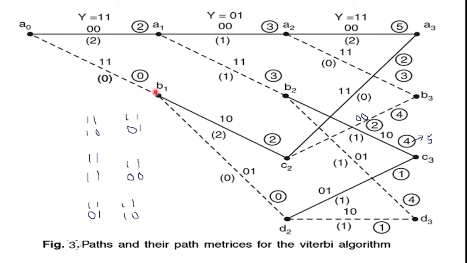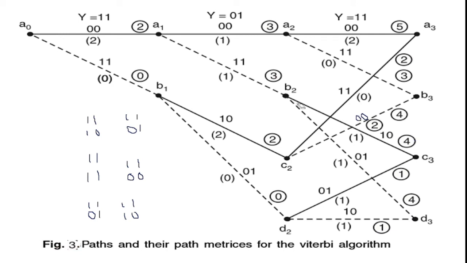And in this path, the running path metric is 0 plus 2 plus 0 equal to 2. In this path, the running path metric is 0 plus 2 plus 1 equal to 3.